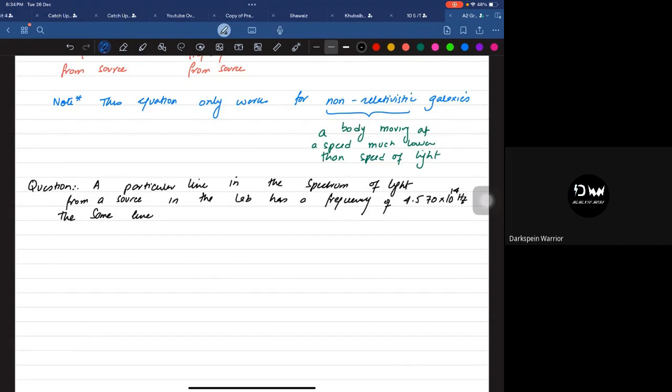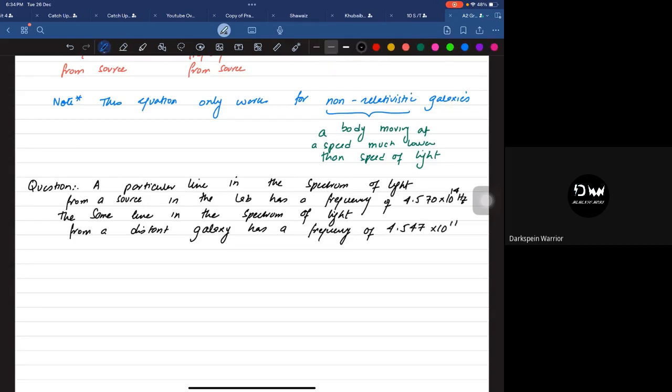The same line in the spectrum of light from a distant galaxy has a frequency of 4.547 × 10^14 hertz.